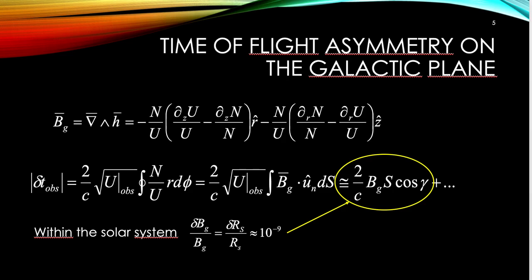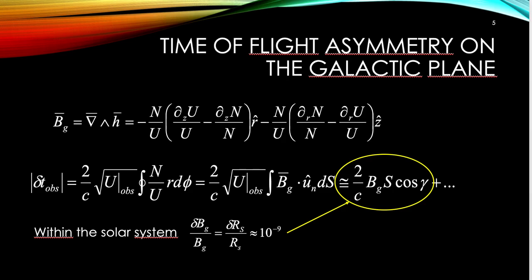If we are in the solar system at the height of the Earth, moving around, you change the distance from the observer to the center of the galaxy, but the relative change is at most in the order of 1 part in 10 to the 9th. We expect the gravito-magnetic field B_g to change at most in 1 part in 10 to the 9th.